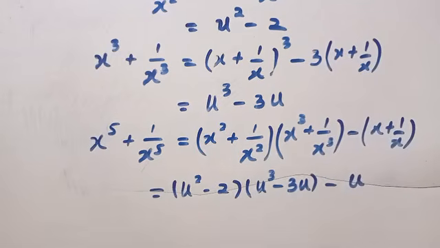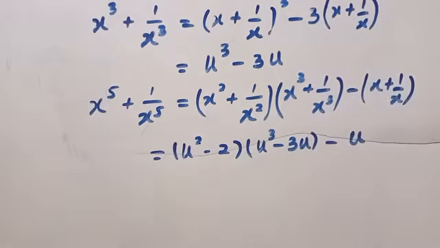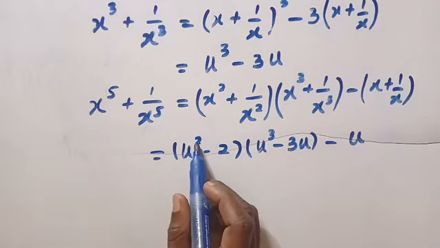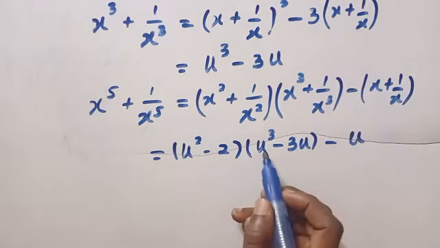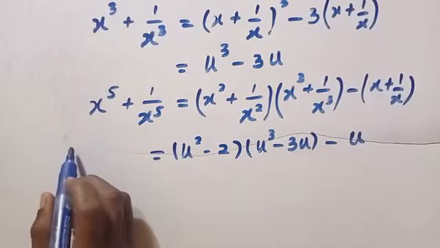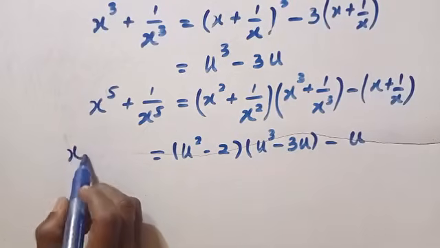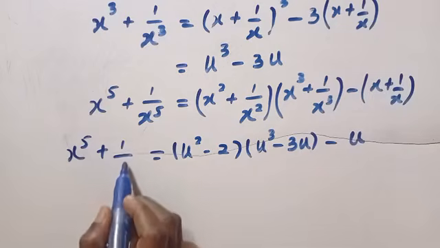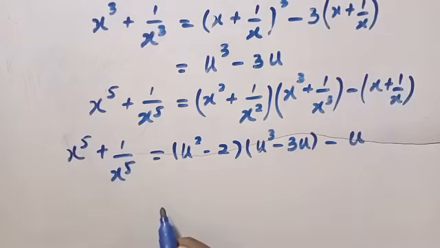Considering all this, we are going to expand u power 2 minus 2 with u power 3 minus 3u, and everything on this side is x power 5 plus 1 divided by x power 5. Let's expand.